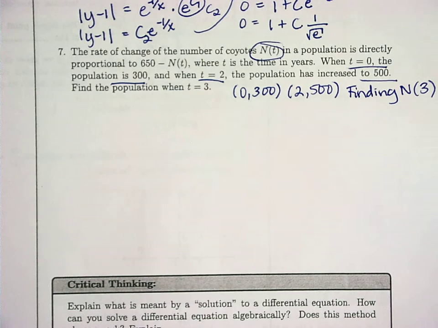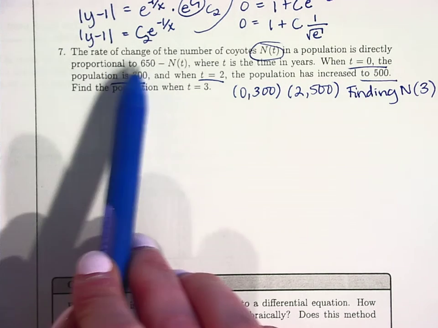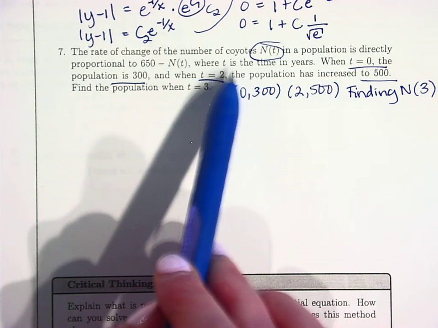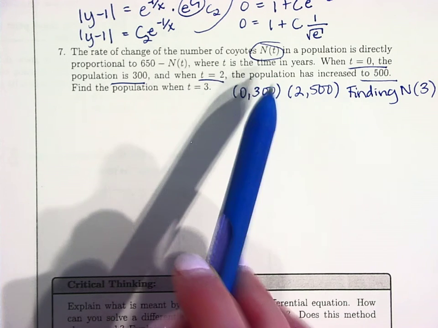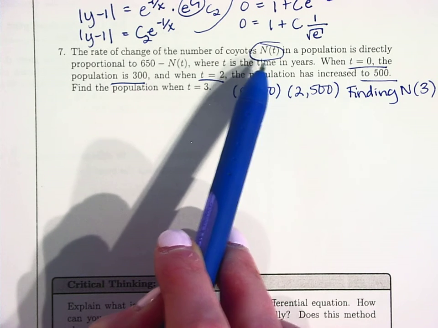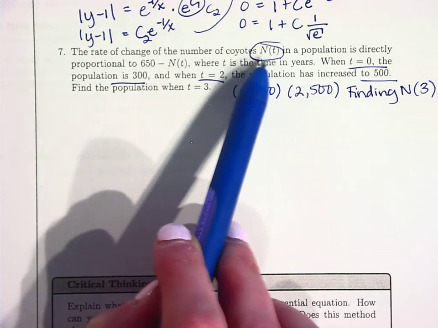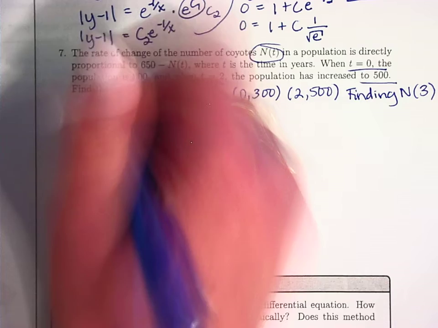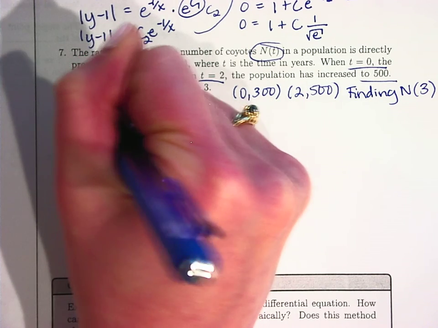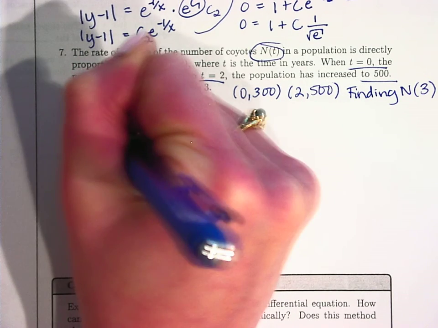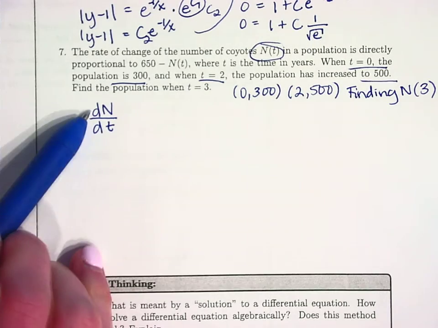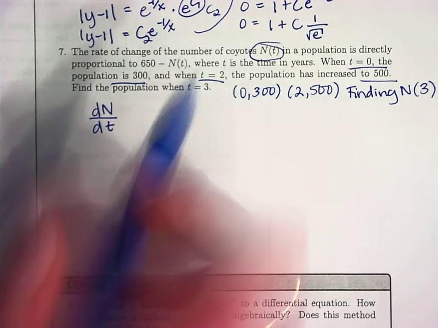In the beginning, they also tell us that the rate of change of the number of coyotes, the rate of change of N of t, that's the same thing as the derivative. So I'm going to say the rate of change of coyotes we can represent as dN over dt, the derivative of N with respect to t.